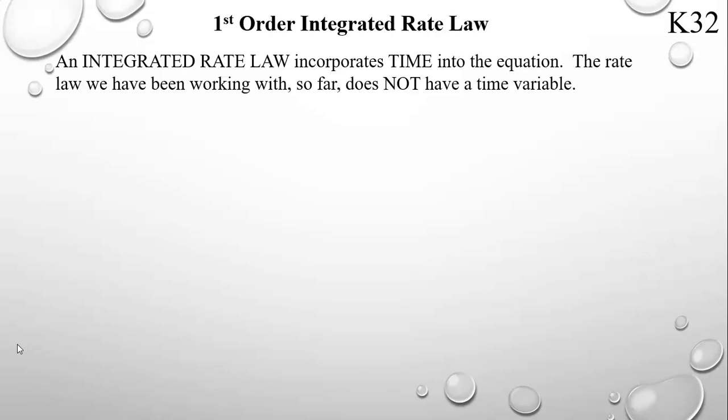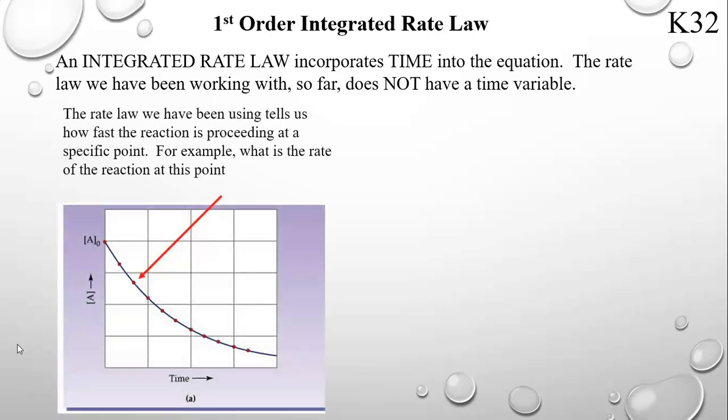An integrated rate law incorporates time into the equation. The rate law we have been working with so far does not have a time variable. So the rate law we have been using tells us how fast a reaction is proceeding at a specific point. For example, what is the rate of the reaction at that point right there?